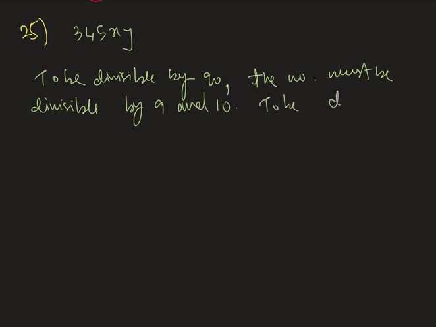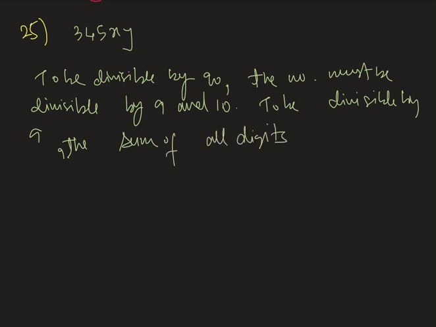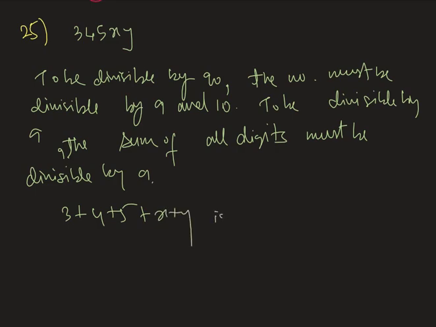To be divisible by 9, the sum of the digits must be divisible by 9. Therefore 3 plus 4 plus 5 plus x plus y is divisible by 9. That is 12 plus x plus y is divisible by 9.